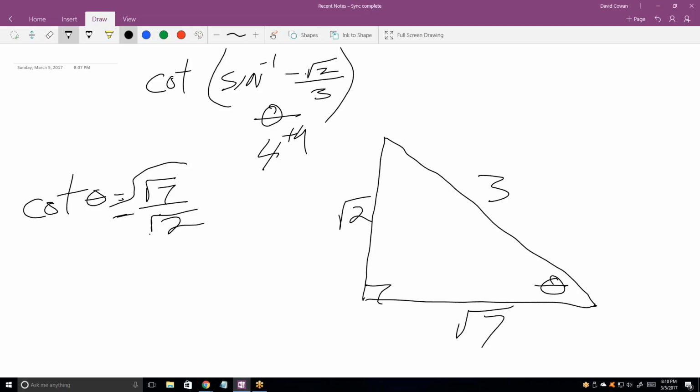And you told me your teacher didn't care whether you rationalize that or not? Correct. Unless it's multiple choice. Is this a multiple choice test? Okay. Because if it were multiple choice, then you'd want to make sure that you recognize that that's the same as root 14 divided by 2.